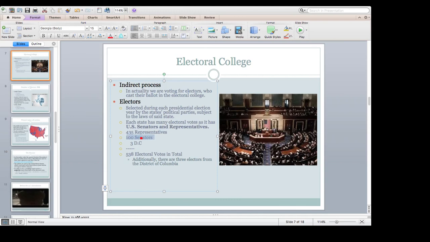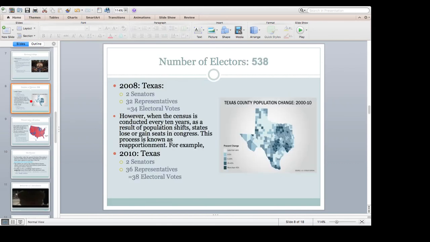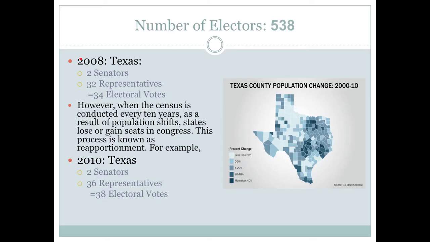However, the number that each state has in terms of representatives can go up and down. Take a look at this. In 2008, Texas had a total of 2 senators, as it always will, but it only had 32 representatives. And so that equaled out to 34 electoral votes. But guess what?